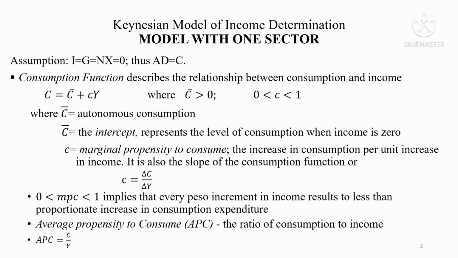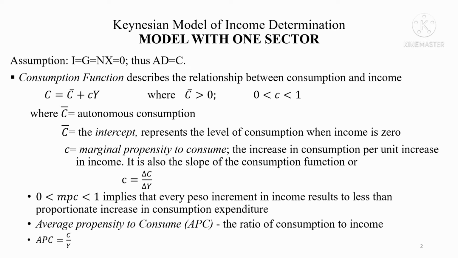For example, if MPC is 0.7 or 70%, and the household's income has increased by 10 pesos, then the consumption expenditure of that household increases by 7 pesos, meaning 70% of the household's increase in income will go to consumption expenditure. So that is the meaning of marginal propensity to consume.